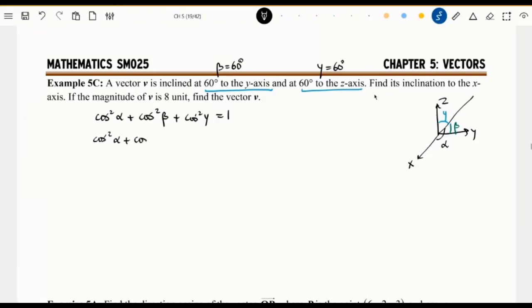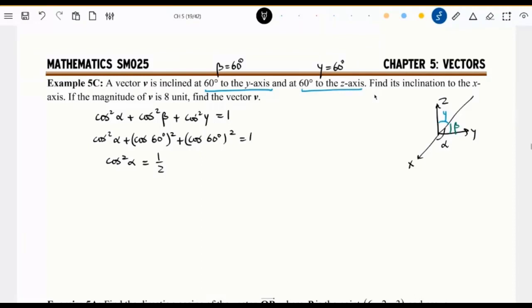So we have cos 60 degree square the whole thing equal to 1. Okay, can we have the cos square alpha sama dengan berapa? 1 over 2.